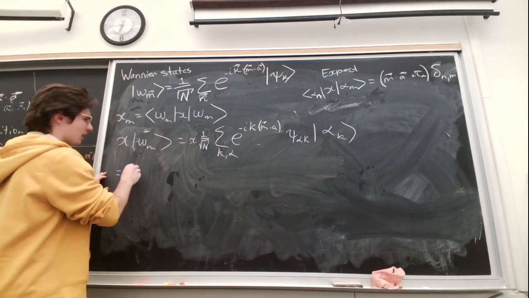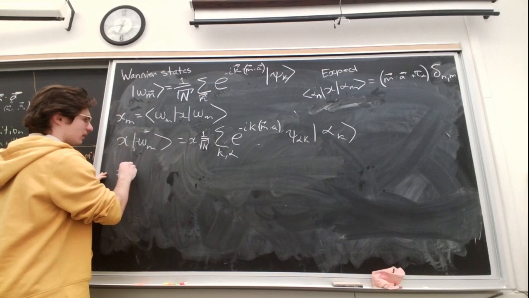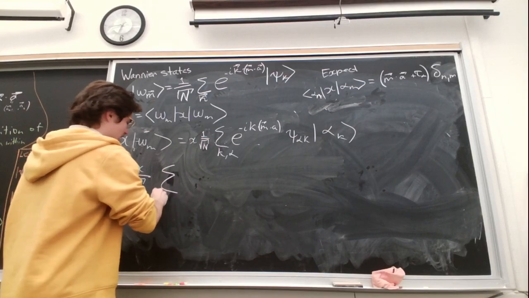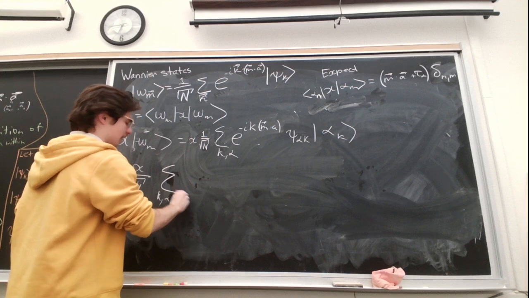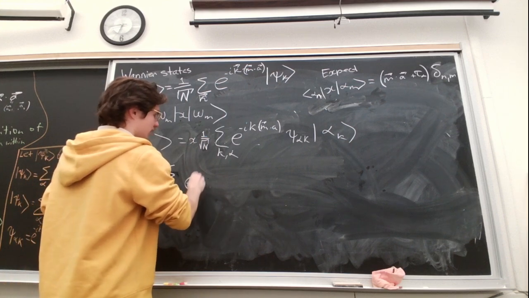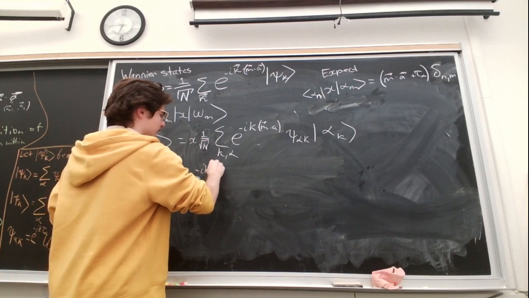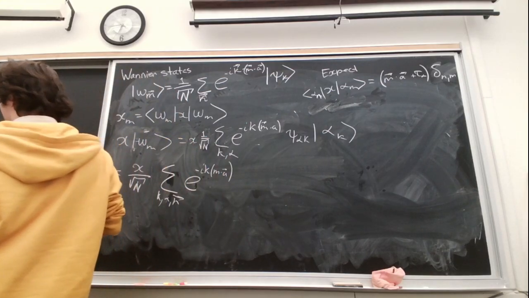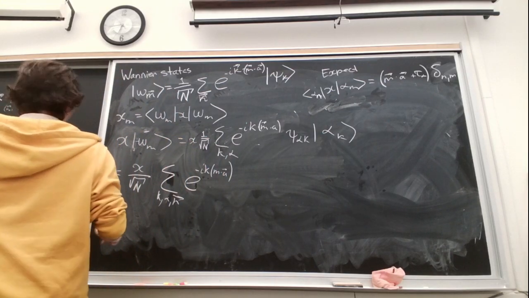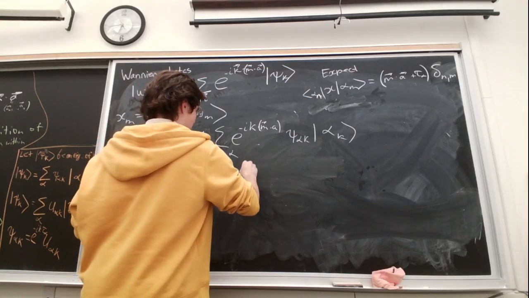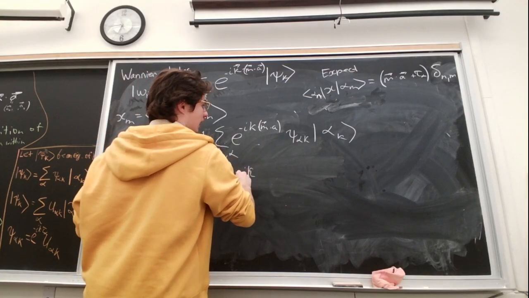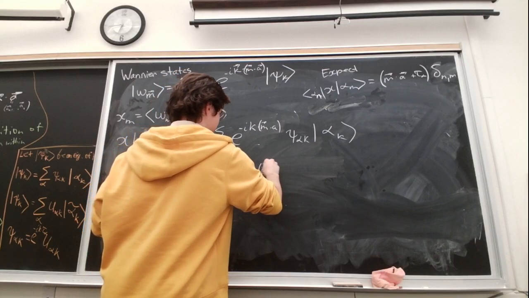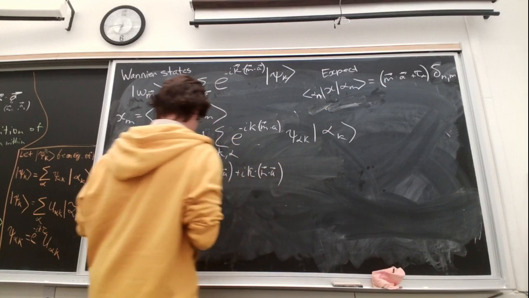So I get x over root n, sum over k, alpha n, e to the minus i k m dot a, and now I will pick up a phase of plus i k dot n dot a. There we go.